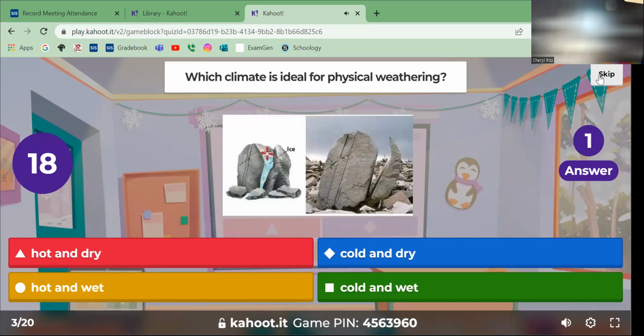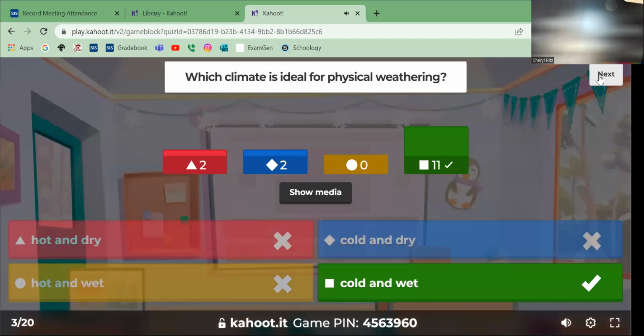Which climate condition is ideal for physical weathering? Come on, you guys. Well, obviously we always need water for any type of weathering. So not the cold and dry or hot and dry. By the way, do you know some other words for wet?